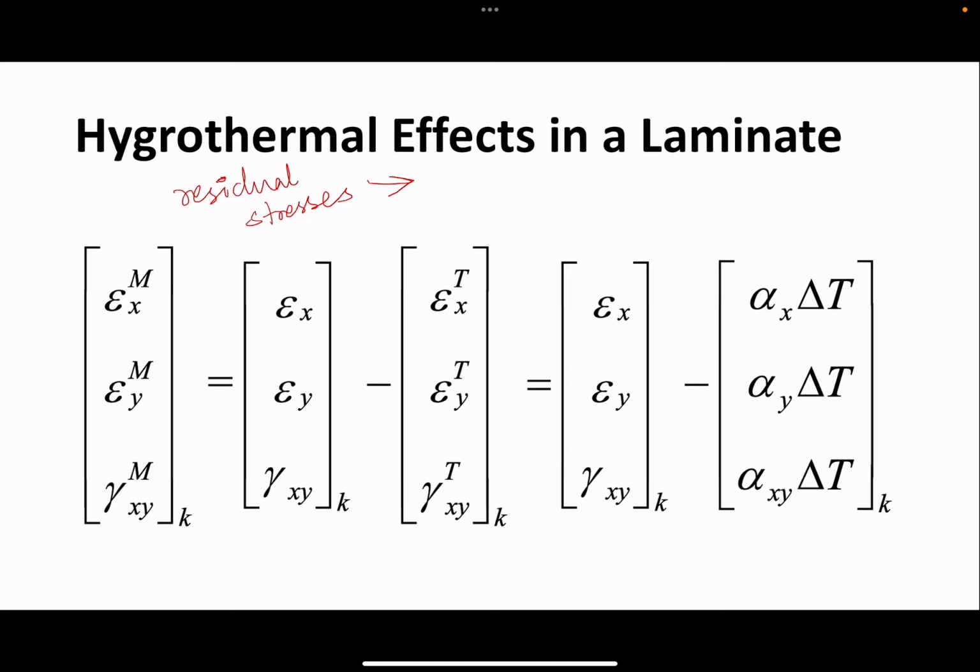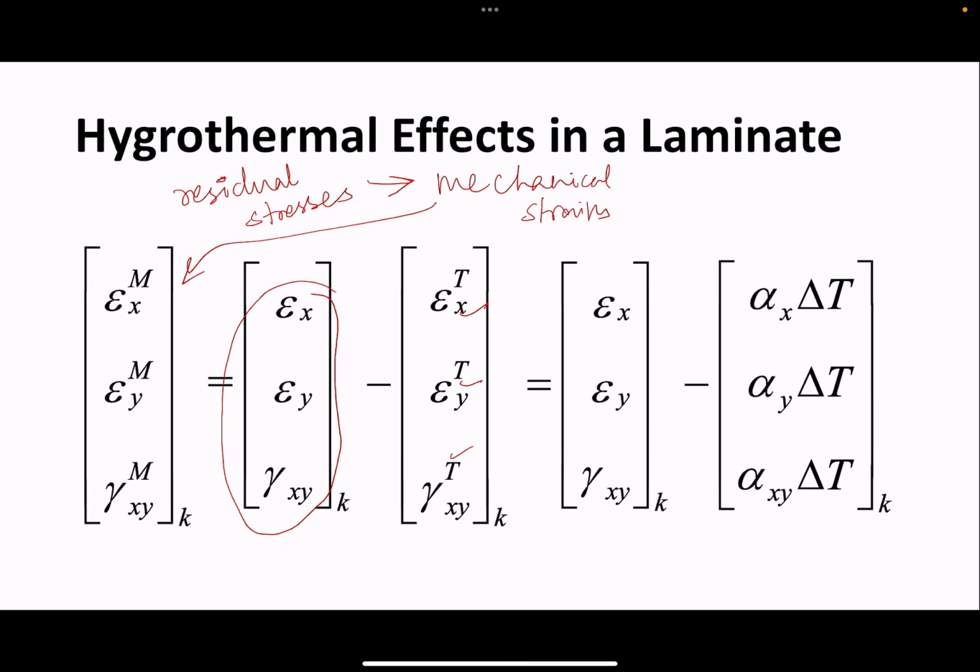And these residual stresses give rise to strains, which are called your mechanical strains. And that is what this matrix is: mechanical strain in x direction, y direction, and then the shearing mechanical strain. So what it means is that we calculate our total strains. We know how to do that. Then you subtract your thermal strains, and if you have moisture, then you subtract that as well.